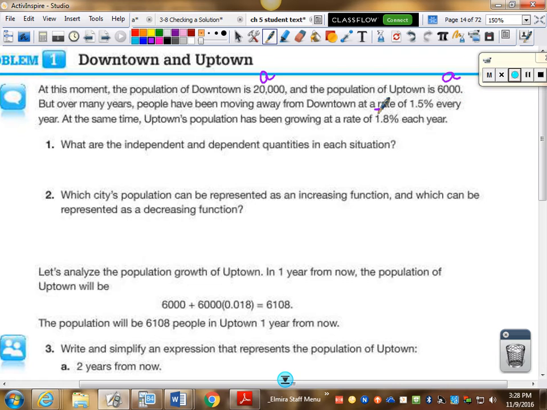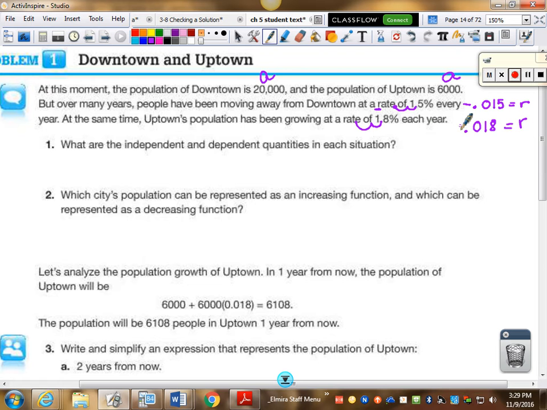Downtown has a rate, my R, of 1.5%, but I've got to move the decimal over. 0.015 is my R. Also, if people are moving away from downtown, that would make it negative. Uptown's population is growing, and that again is an R value, not R like correlation coefficient, but R for rate, of 0.018. And it's positive because we're talking about growing.